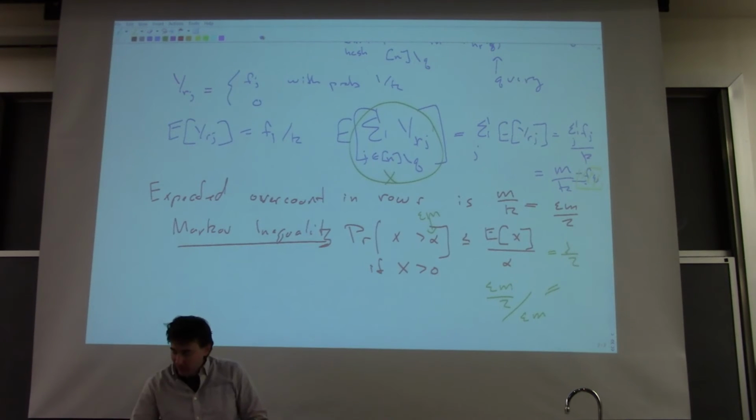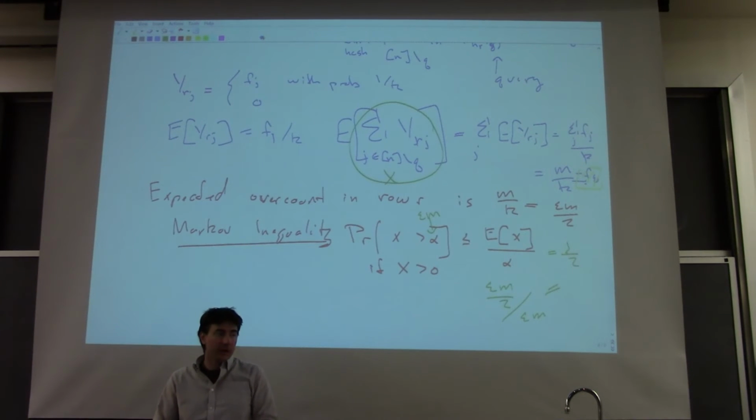Okay, so we have t of these rows, and each of the rows was independent. So now we can say the probability that all of them were greater than epsilon m, so the min over rows r in t of the sum over j of y_rj is greater than epsilon m.